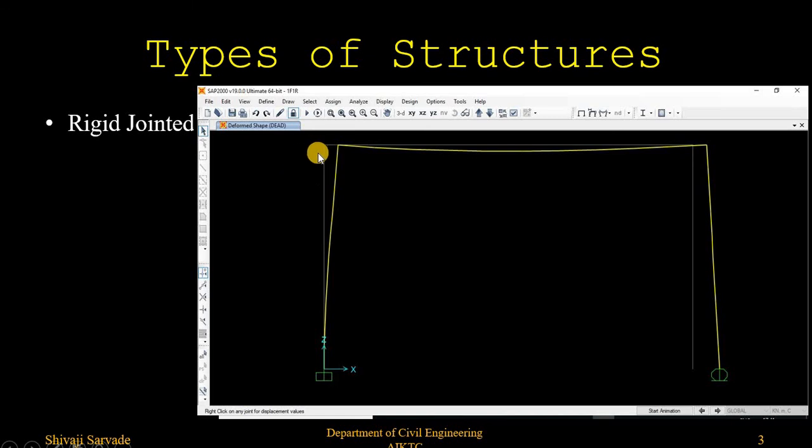Now if I have members which are extensible, that means every member can change their dimension, length and height. So this member can change the dimension, so you will have vertical movement, and in the horizontal direction you may have 2 separate displacements. Here also a member can displace in the vertical direction as well as in the horizontal direction.